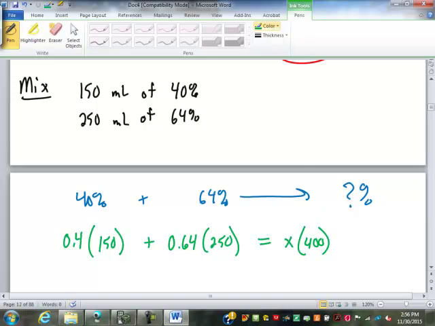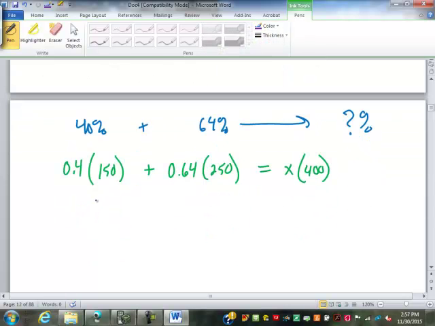And yeah, we will change that to 400x in a little bit. So 0.4 times 150, otherwise known as 60. 0.64 times 250, 160. And then, of course, 400x.